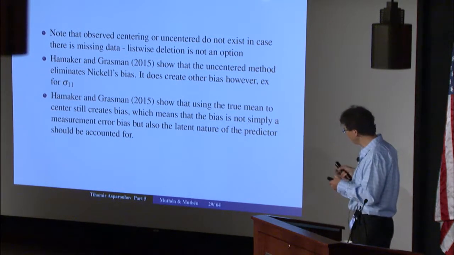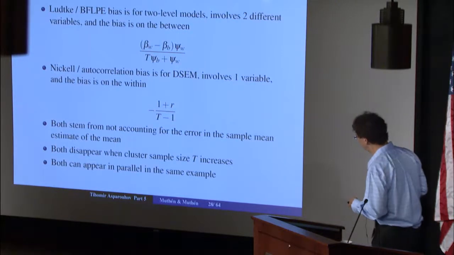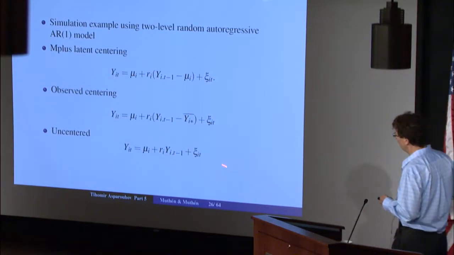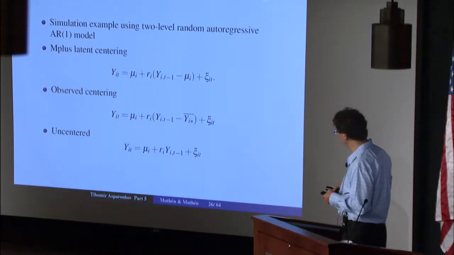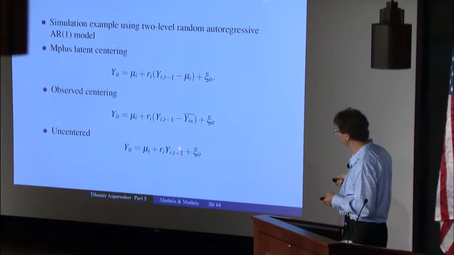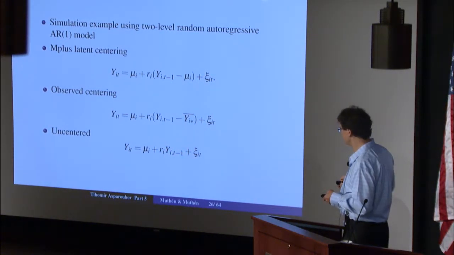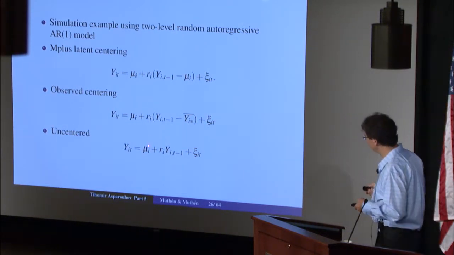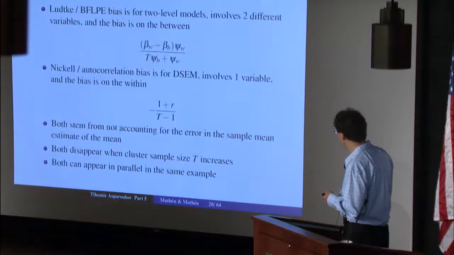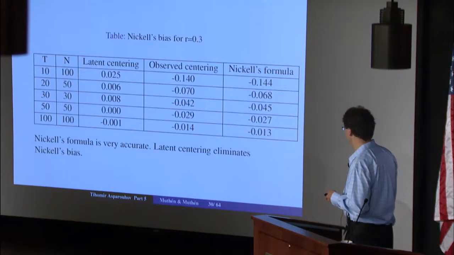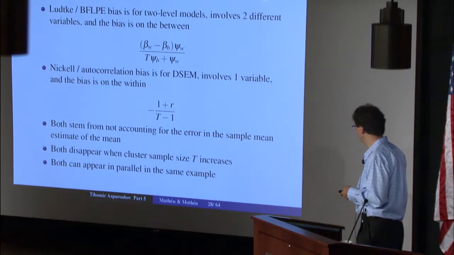The one place you will screw up using the uncentered method is that you're going to misestimate the intra-class correlation, because you've put part of the between portion of the variable into the within-level equation, and that generally reduces the variance of the estimated intercept. So we don't really consider that a solution to anything.